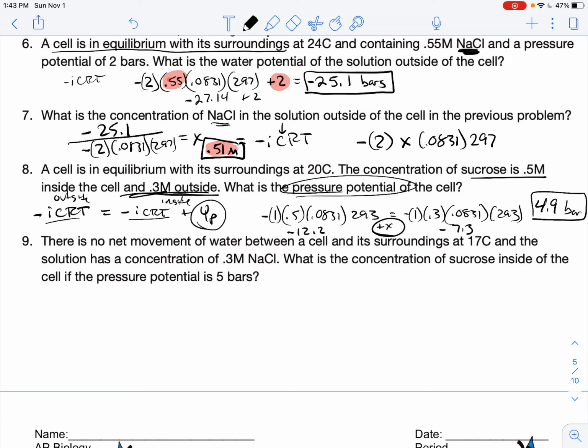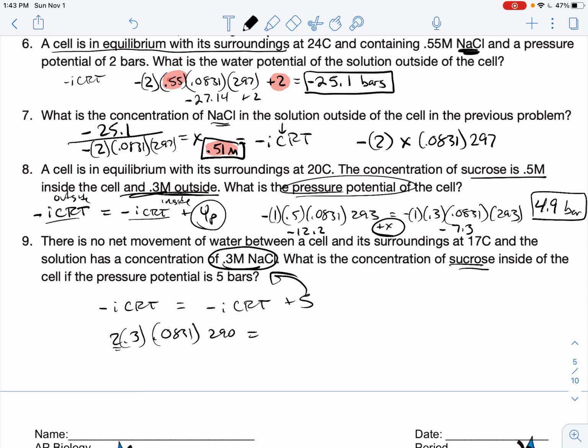Last one is kind of putting all of this stuff together, and it's tricky because I tell you that there's salt in the solution, but there's sucrose inside the cell. So it's the negative iCRT equals negative iCRT plus 5. That's our pressure potential. We set this up 2 times 0.3, 0.0831, and then we need our temperature of 290.